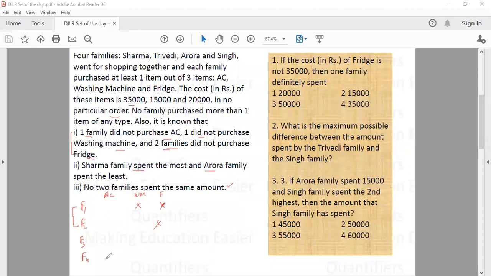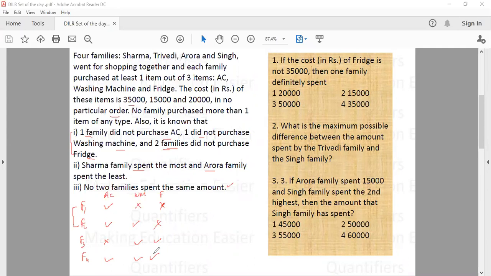So let's say F3 is a family which did not purchase a fridge, right? So in this case, F1 will be purchasing only AC, F2 will be purchasing AC and washing machine, F3 will be the family purchasing washing machine and fridge, and F4 is the family purchasing all three items. That's going to happen, since all the families cannot simply avoid one single item.